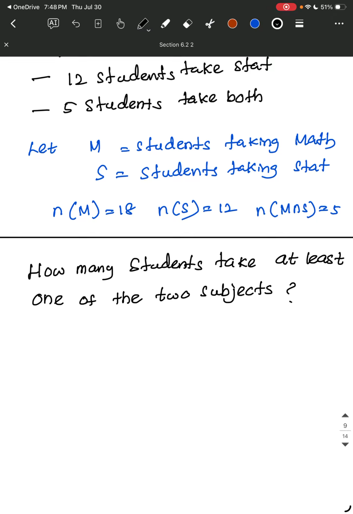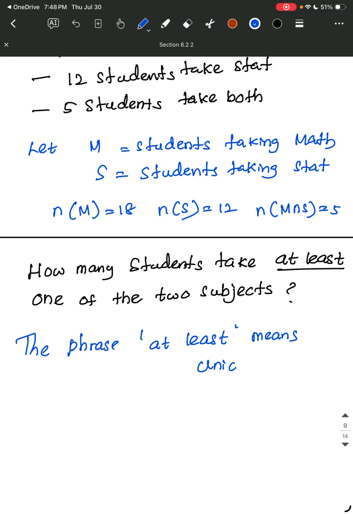How many students take at least one of the 2 subjects? The phrase at least means the union. The phrase at least means union. Math or stat or both.